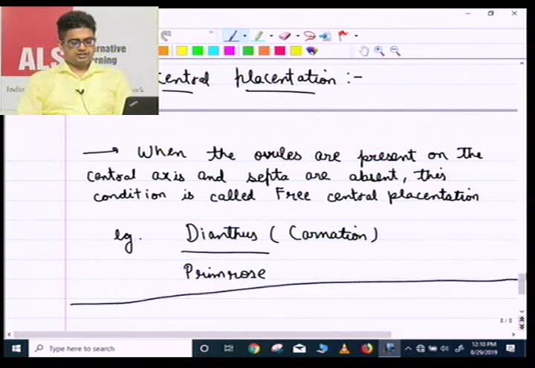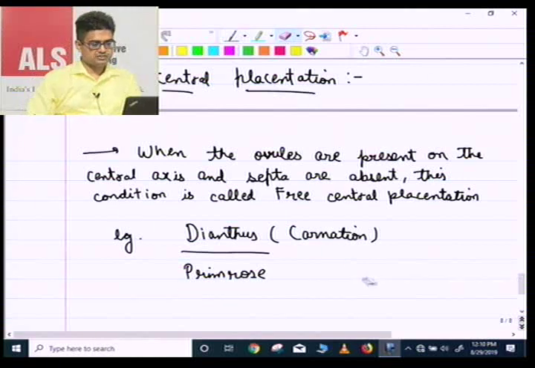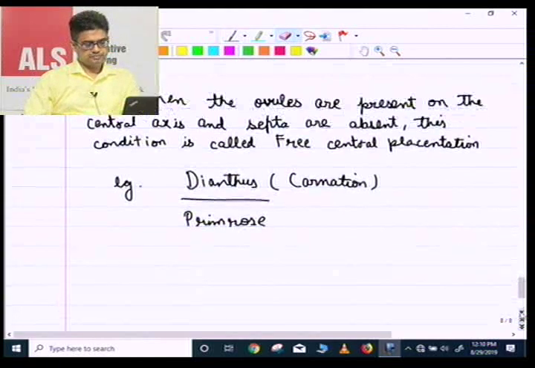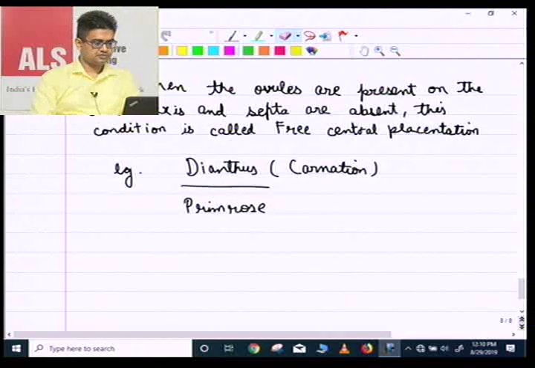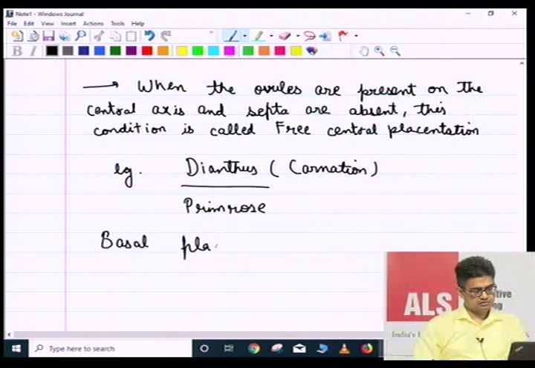So now placentation is done. One more type remains. Basal placentation.